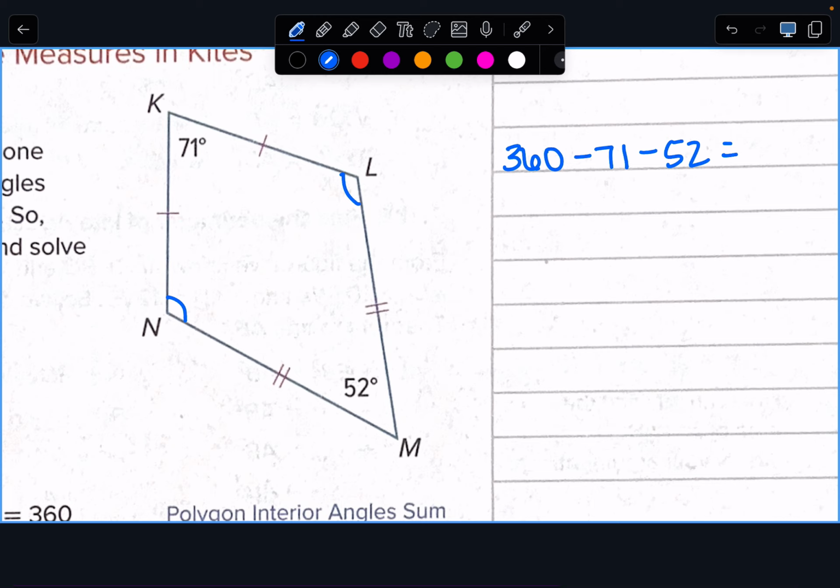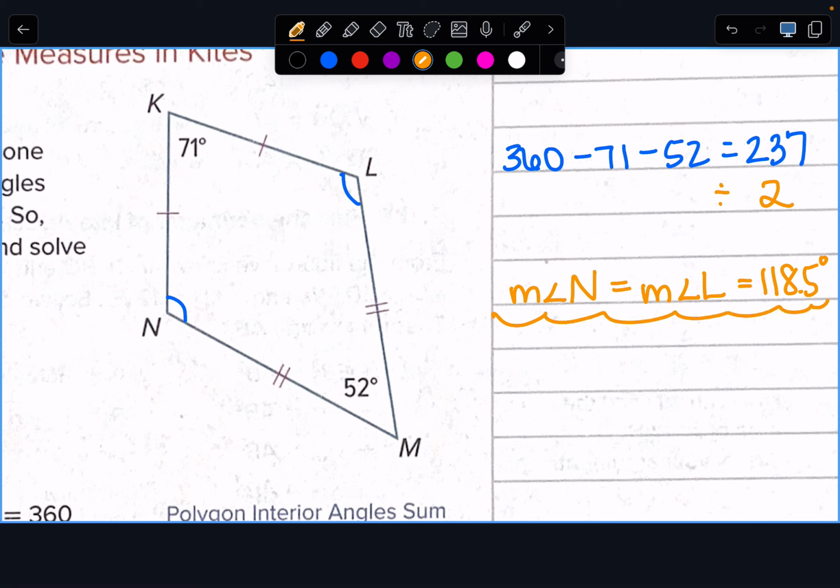What do I need to do with 237? We would need to divide 237 by 2 so that the measure of angle N and the measure of angle L are equal.